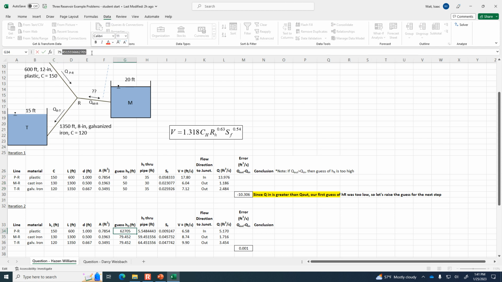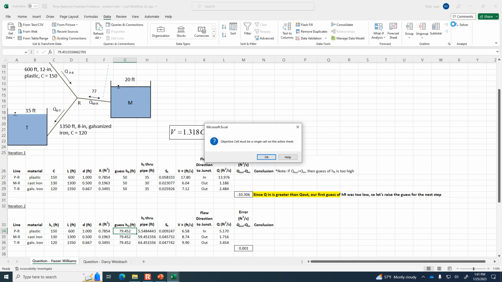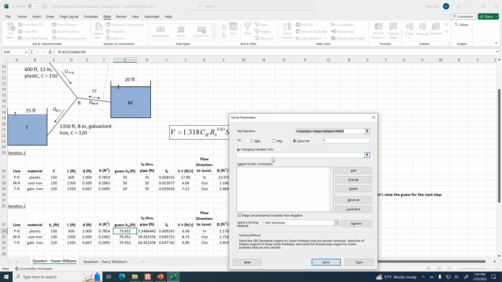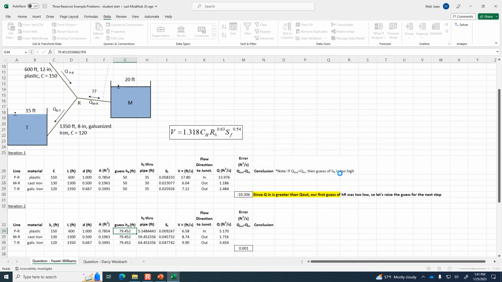Solver would force it to be even a little bit more accurate. But for our purposes, this is close enough. We will get into Solver later for other applications where we need it to really converge perfectly, but we're not going to do it for this one.